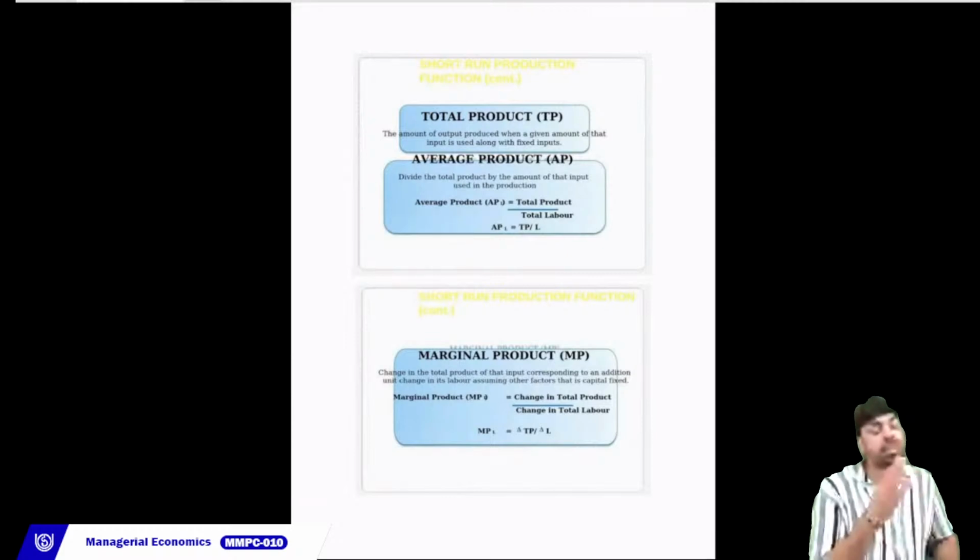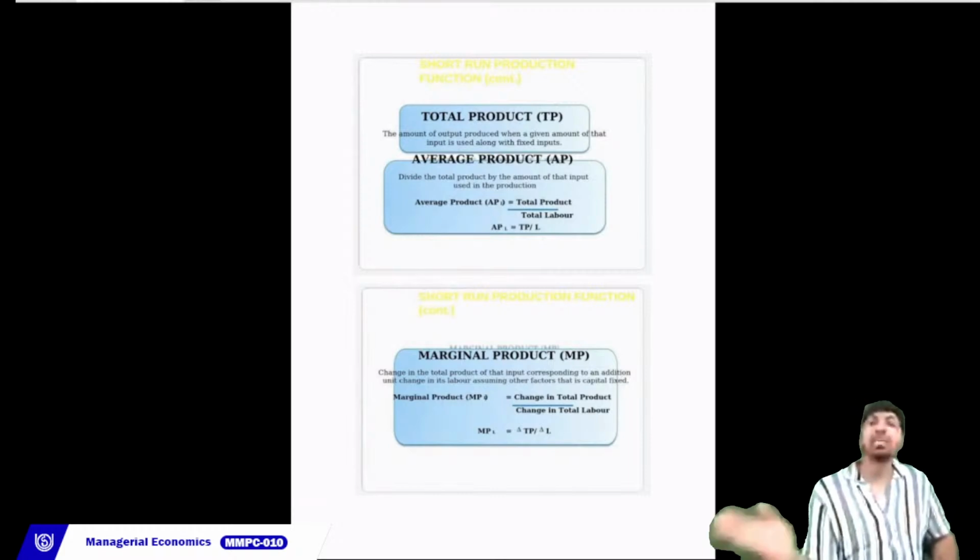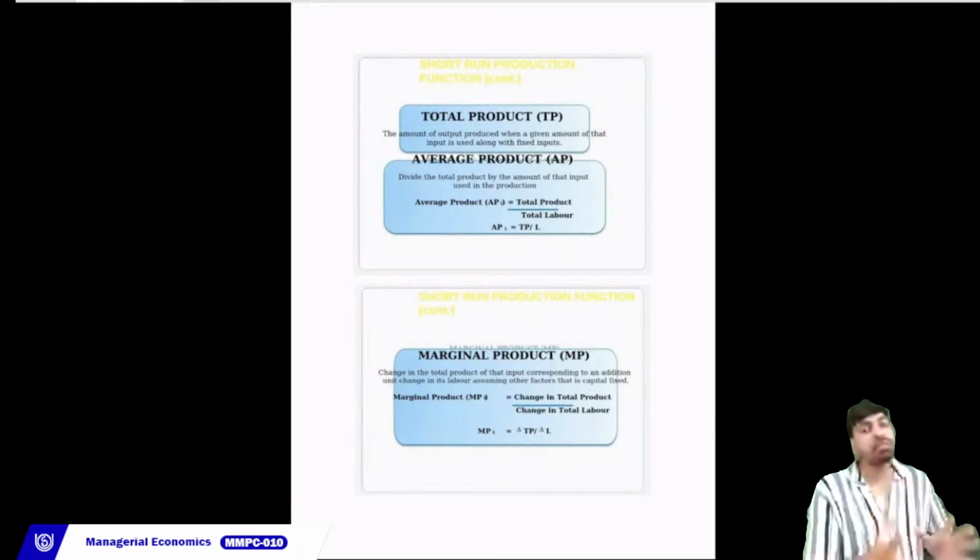In the short run they are fixed, but in the long run all inputs become variable. So here is a combination of variable and fixed inputs, and that stands for total product.